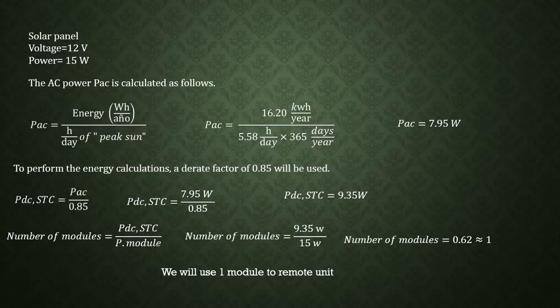For the energy calculation, the derate factor is the same, 0.85. We have a DC power STC of 9.35 watts. Well, we need the number of modules. We have one module. We will use one module for the remote unit.